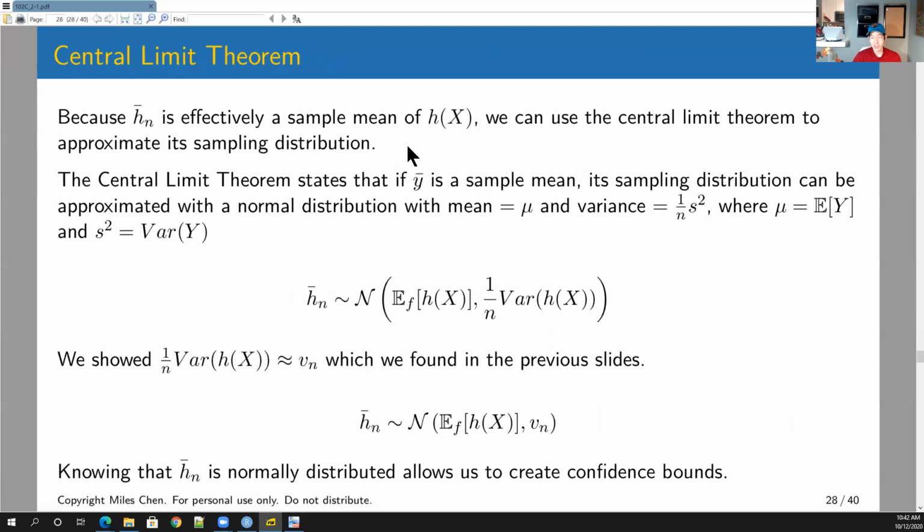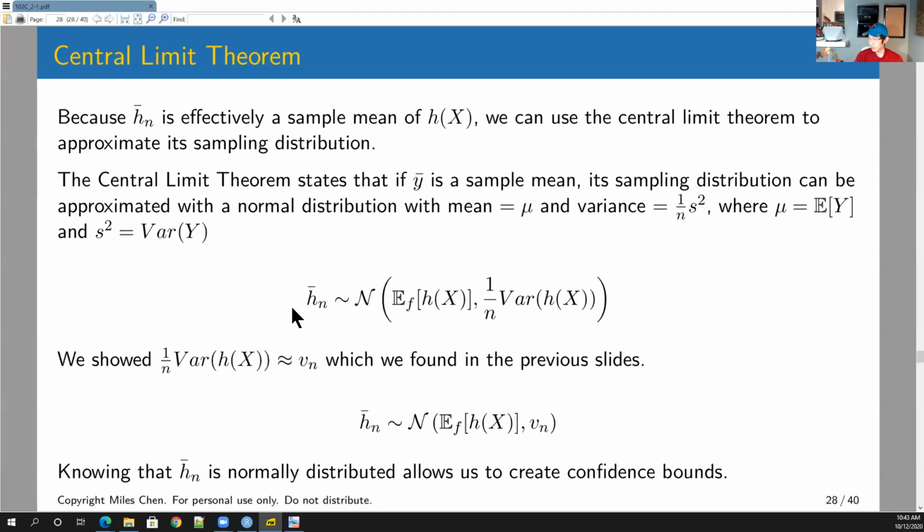And because of that, you can use the central limit theorem, right? So the central limit theorem can be applied to anything that's a sample mean or a sum, something related to a sum. And the central limit theorem says that if you've got the sample mean y bar, then its sampling distribution can be approximated with a normal distribution with mean mu and variance s squared over n.